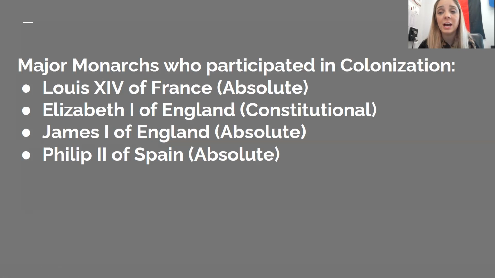But then she has a relative, because she didn't have any kids, so she has the King of Scotland ends up being King of England as well. James the First of England will say, yeah, no, I'm going to be an absolute monarch. That's going to start a civil war in England. And then you have Philip II of Spain as an absolute monarch.